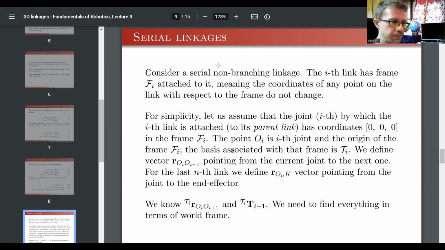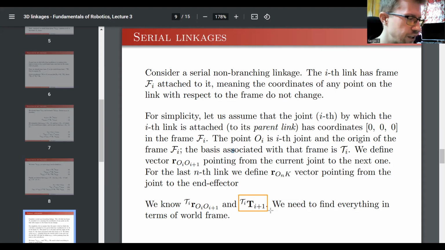By the way, let me draw your attention to one verbal fact. I say here exactly what I wrote: we know coordinates of the next frame in terms of the previous frame. In a different class, someone can tell you, we know the transformation of the previous frame to the next frame.